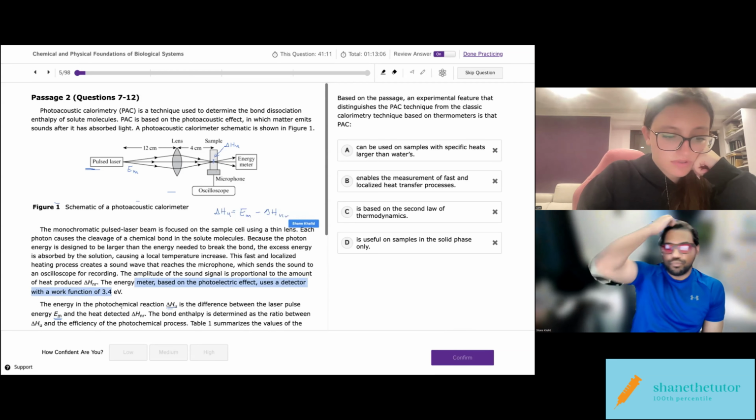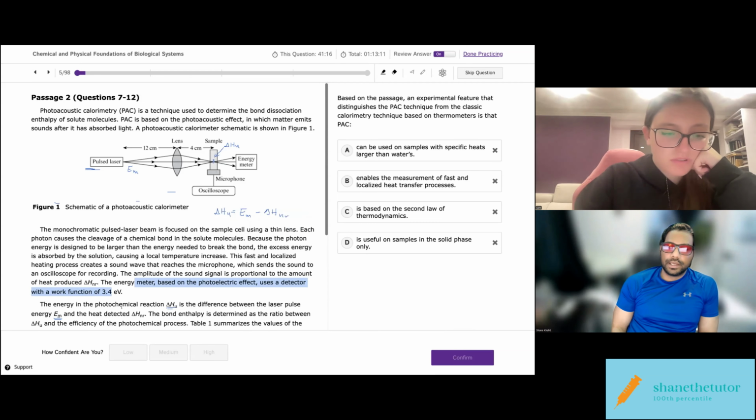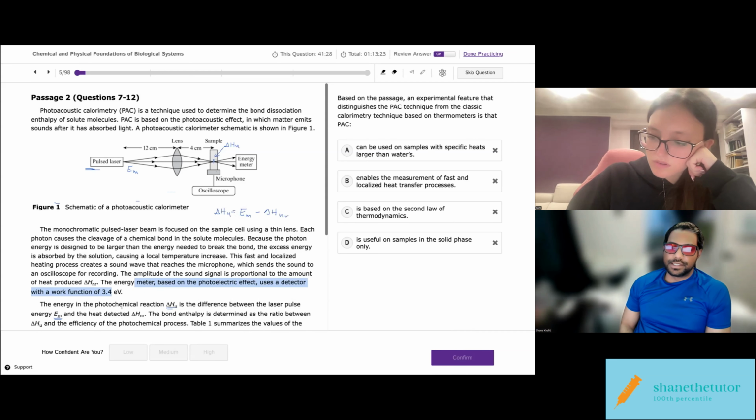So we can write this out: delta H_U is equal to E_M, the energy from that laser, subtracted by the heat that is released, that excess heat released to create that photoacoustic effect.